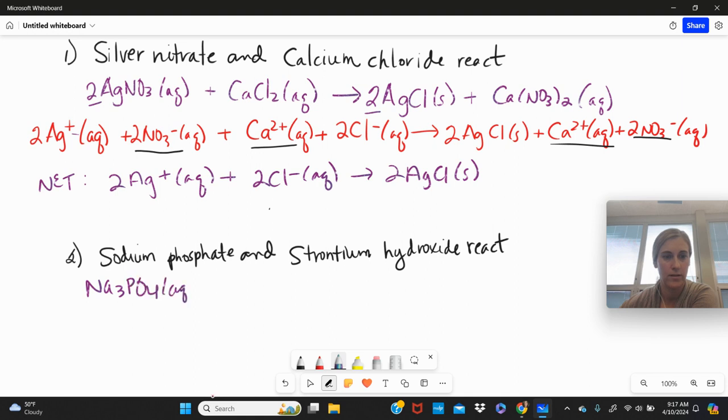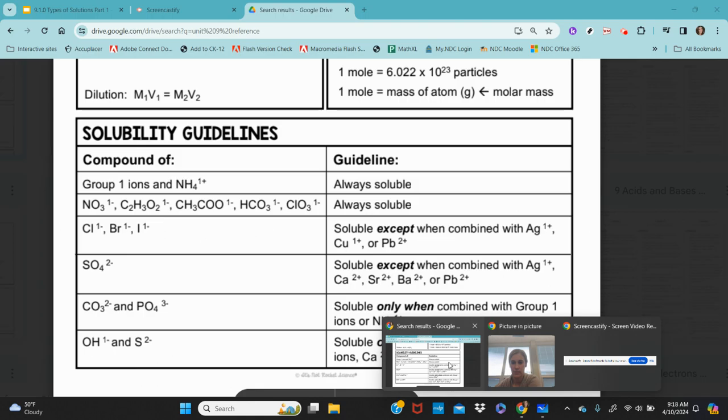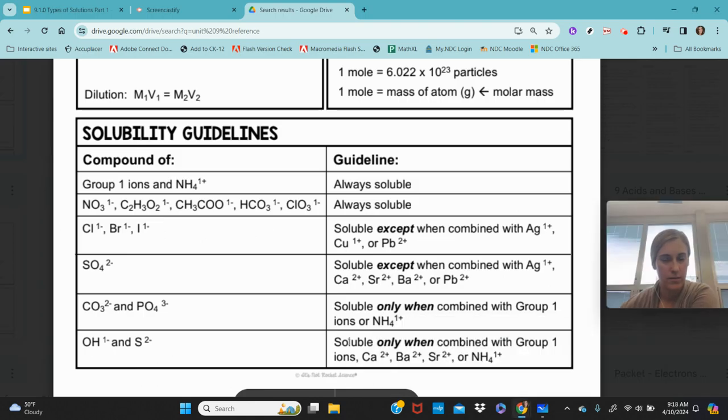Number two, I'm gonna go ahead and write that. Again, this is old stuff like figuring out formulas, crisscrossing. All right. Sodium and hydroxide are going to get together, strontium and phosphate. So let's go to strontium phosphate and sodium hydroxide. Let's go to my table. So sodium hydroxide, here's hydroxide, soluble and combined with group 1 ions.